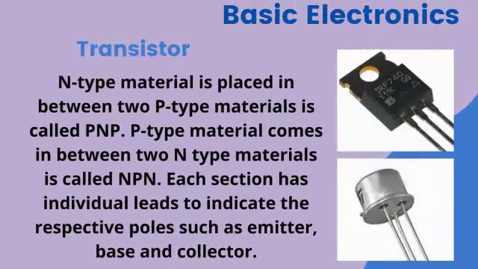N-type material placed in between two P-type materials is called PNP. P-type material between two N-type materials is called NPN. Each section has individual leads to indicate the respective poles, such as emitter, base and collector.